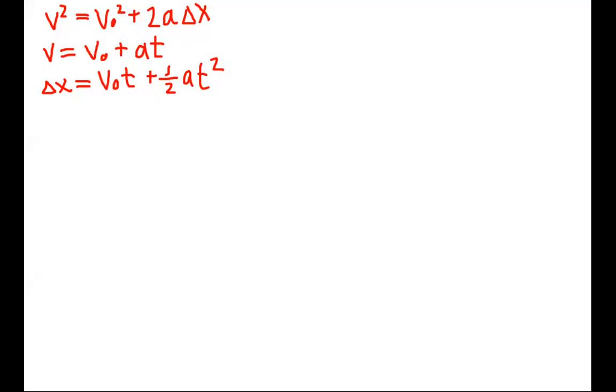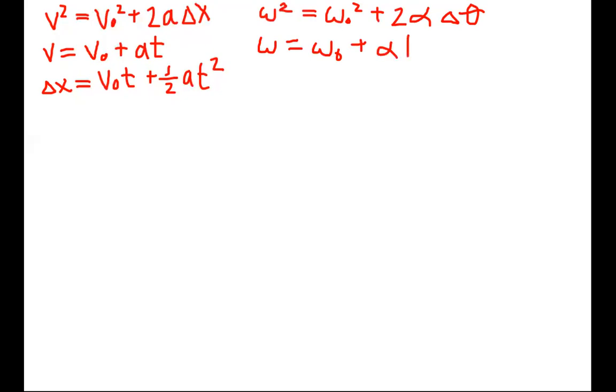We just replace the variables, so we would have omega squared equals omega initial squared plus 2 times alpha times delta theta, and then omega equals omega initial plus alpha t, and then delta theta equals omega initial t plus 1/2 alpha t squared.